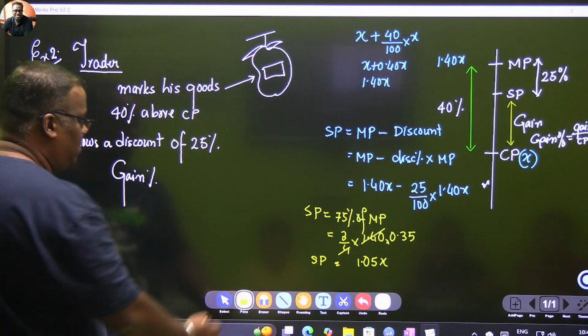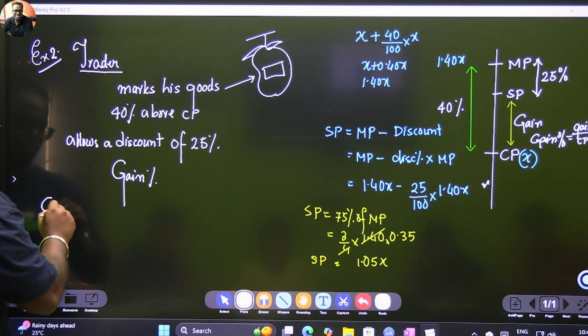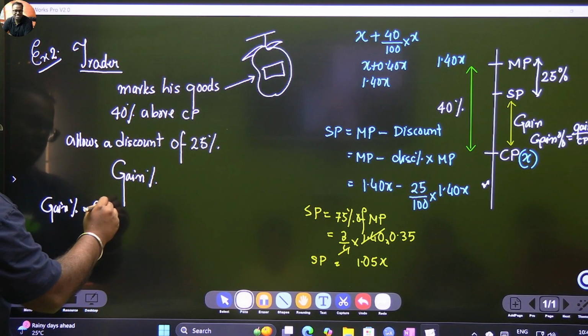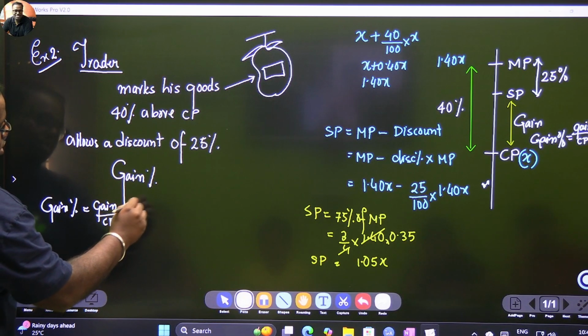Now our job is very easy. We just need to calculate the gain percent. So gain percent will be equal to gain over the cost price into 100%.